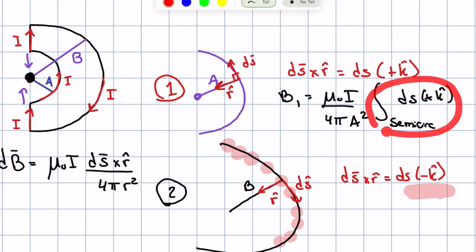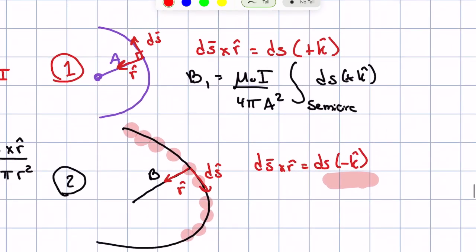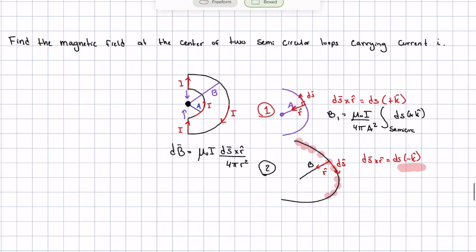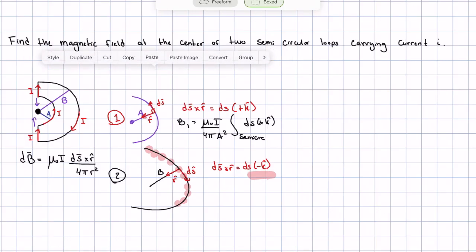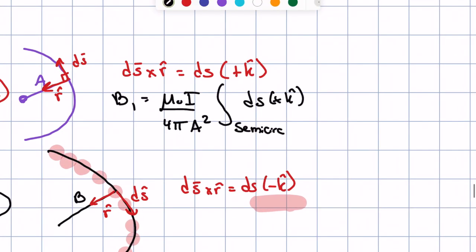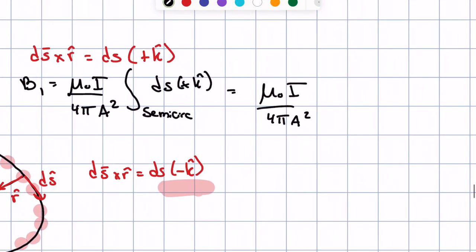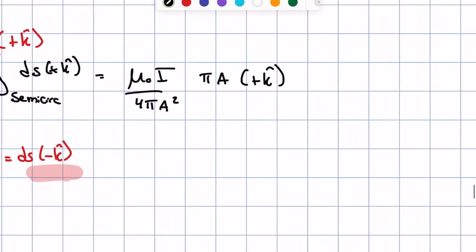This integral is just going to be the length of this semicircle here, which is going to be pi times a. If you write it out, this is equal to mu naught I over 4 pi a squared, and then pi times a in the plus k hat direction. We see pi cancels out, and then an a cancels out, and we get mu naught I over 4a in the plus k hat direction.